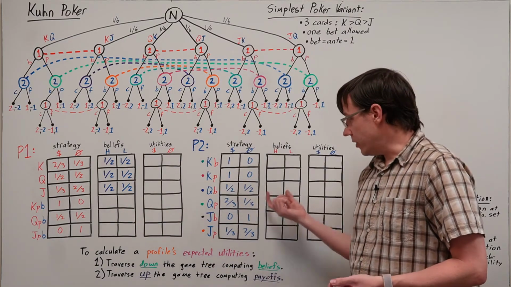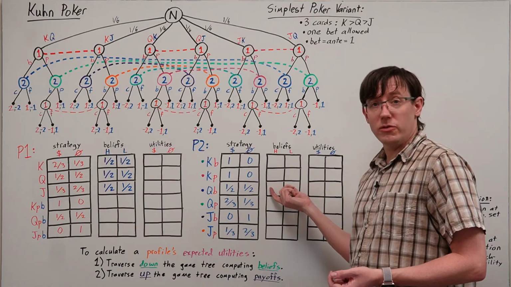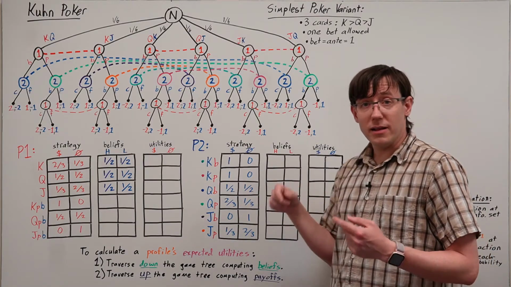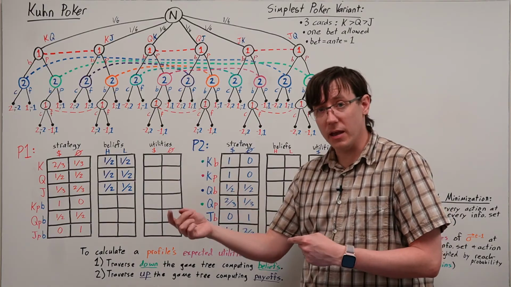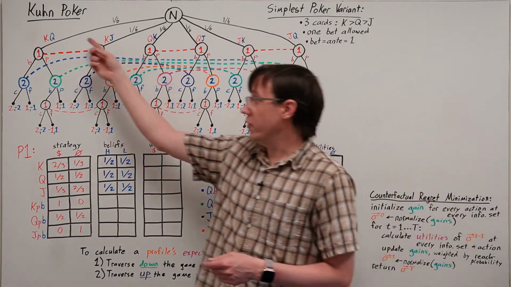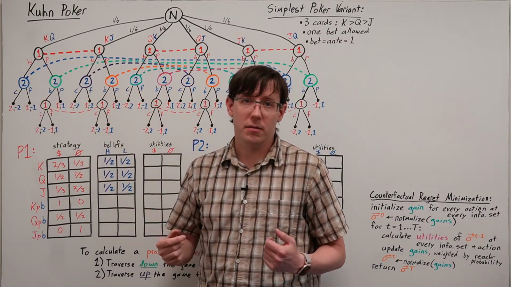And so to figure out the probability that we're in either of these 2 states, we need to calculate the conditional probability that player 1 has a king based on our observation that they played bet.